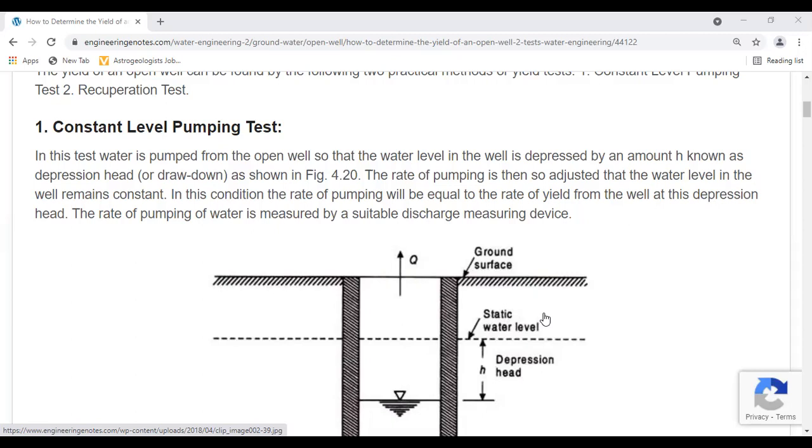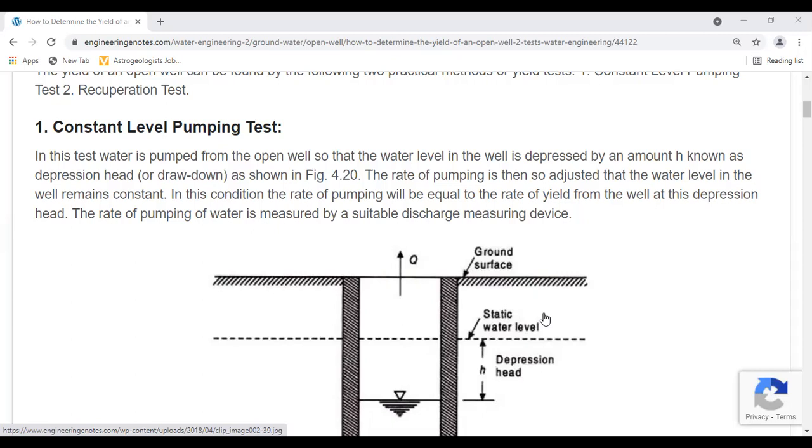The yield of the well corresponding to the critical depression head is known as the maximum yield or the critical yield, and that corresponding to the working head is known as the maximum safe yield.